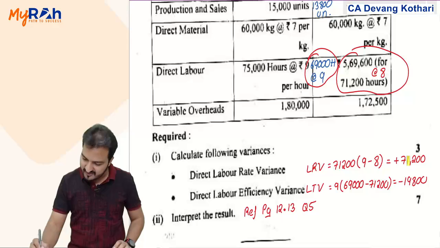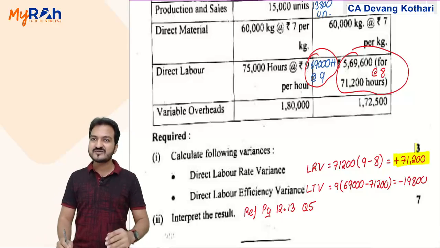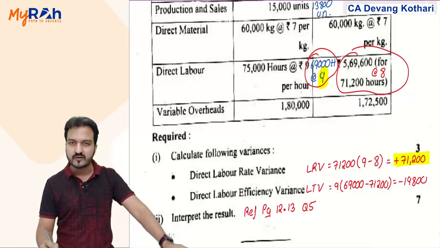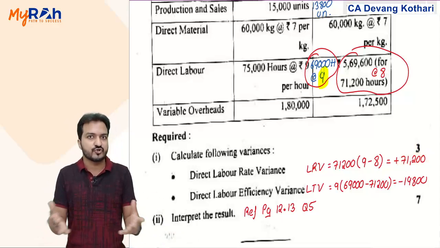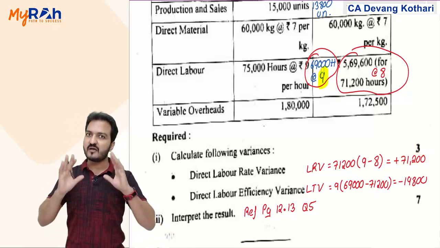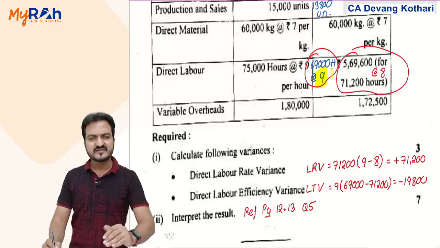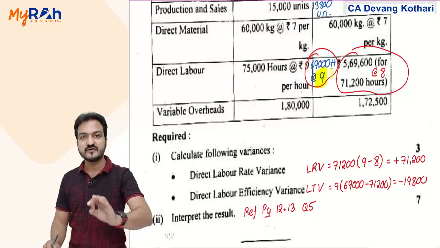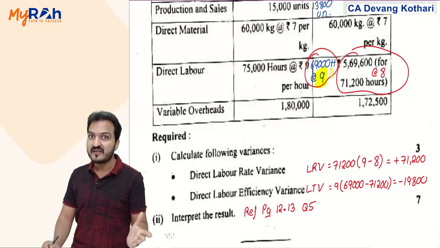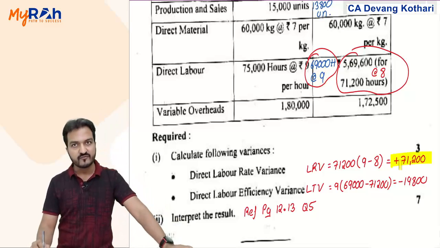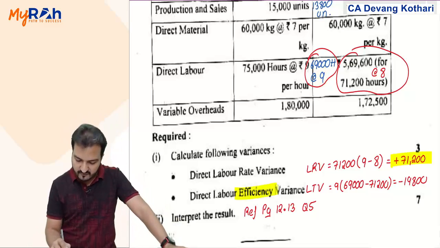Or maybe my rate variance is favorable because the standard rate which I had taken here was itself wrong. Actual rate that I paid is 8 rupees, but the standard rate that I have written is 9 rupees; that standard rate was unnecessarily set very high. Maybe that is why my rate variance appears favorable. Same I can tell for efficiency also.